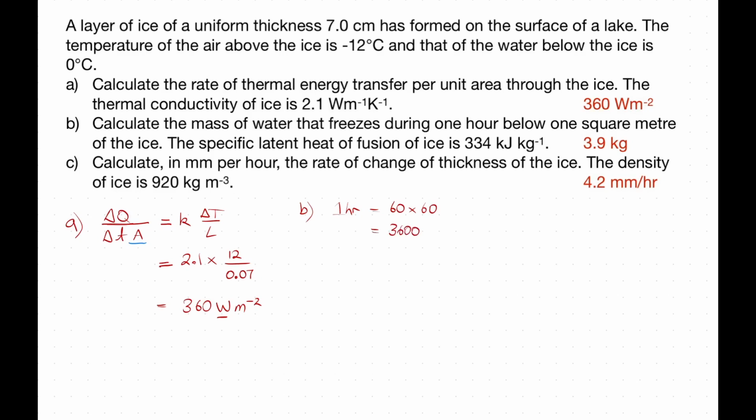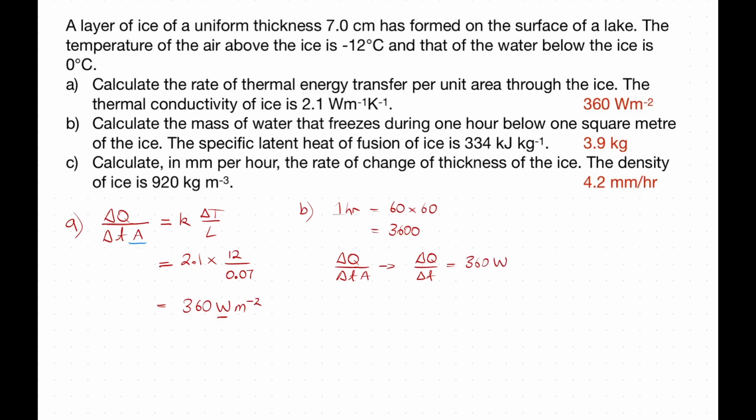We want to go below 1 square meter. So that means that our rate of thermal transfer per unit area, we're going to multiply that by the area, which is going to be 1. So our rate of energy transfer is just going to be delta Q on delta T. And because our area is 1, this is just going to be equal to 360 watts.